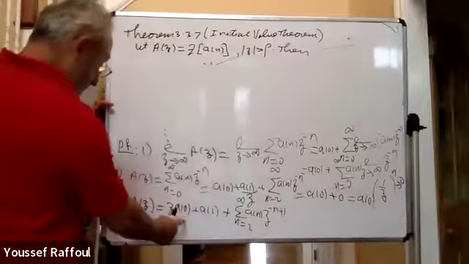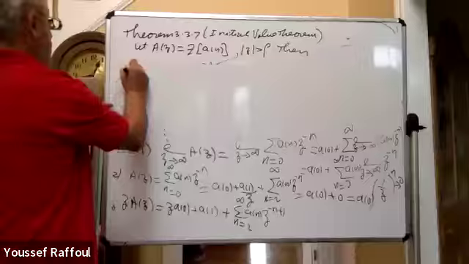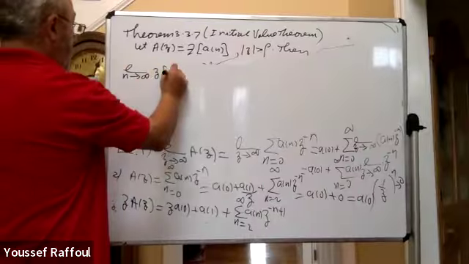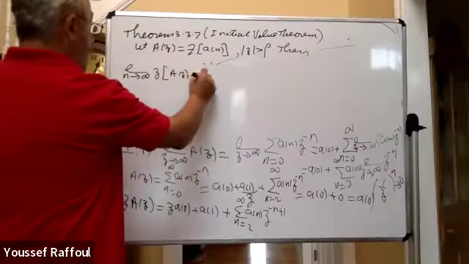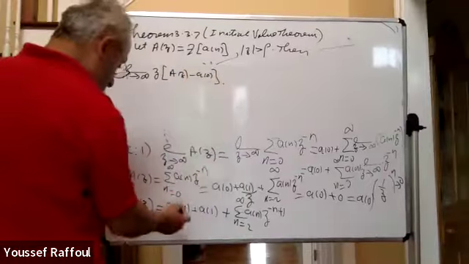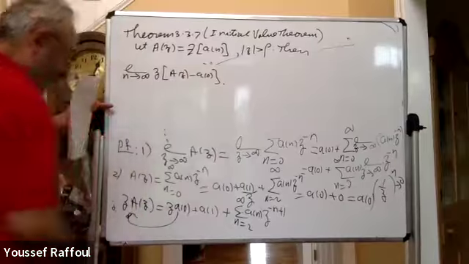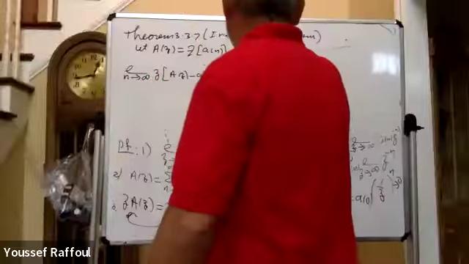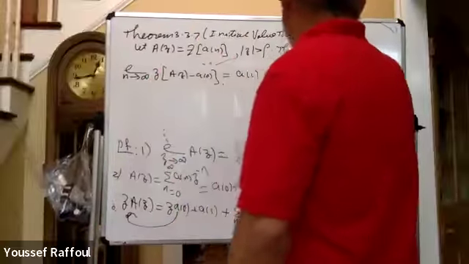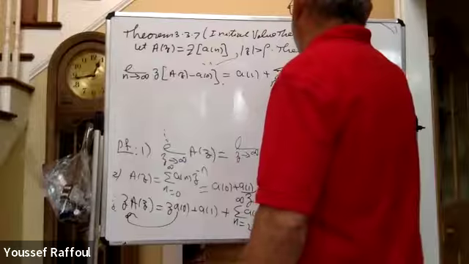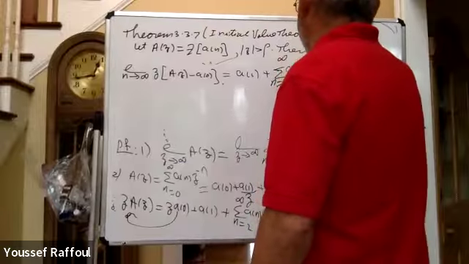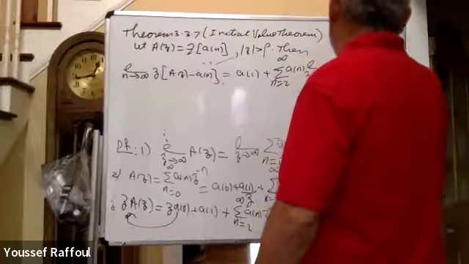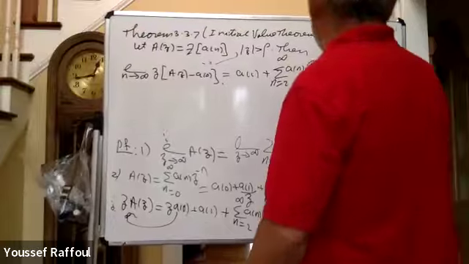Now this means the limit as Z goes to infinity of Z times (A(Z) minus A0). I brought this over here and factored the Z out, equal to A1 plus the sum from n equal to 2 to infinity of A_n times the limit as Z goes to infinity of Z^(-n+1).